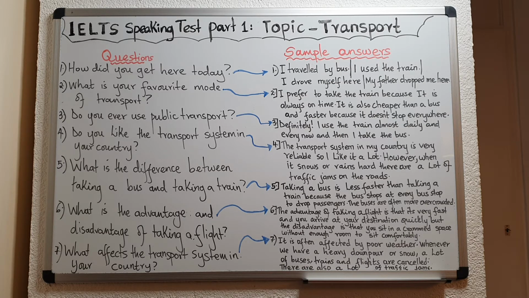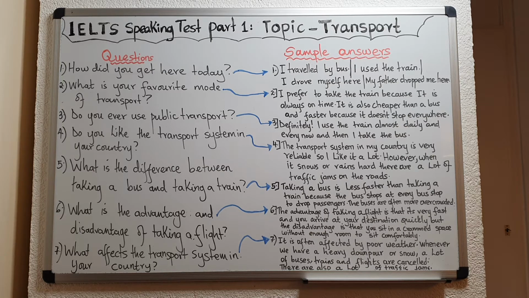Now, question 1. How did you get here today? You could say, I traveled by bus. Or you could say, I used the train. Or you could say, I drove myself here.